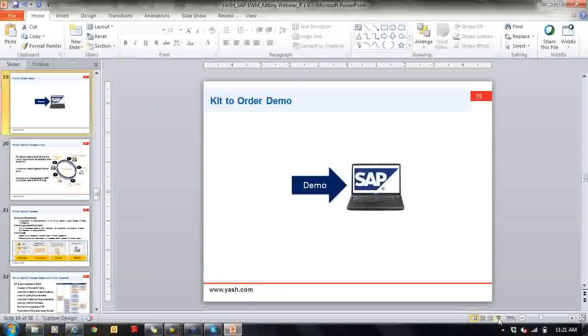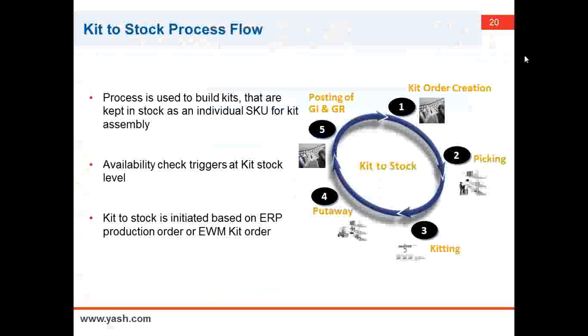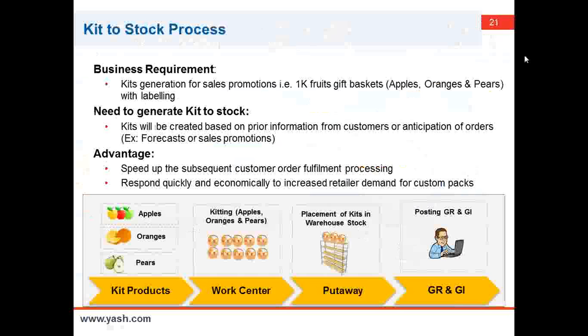Next, what we wanted to talk about is our kit to stock process. Sorry, I just want to go over the process flow. What we're going to see here is very familiar. It really starts at a different starting point. So we'll start with a forecast of our kits, and this may be due to a promotion, right?